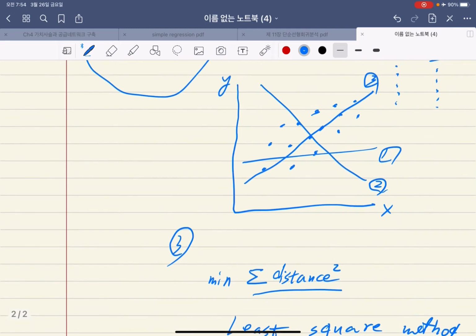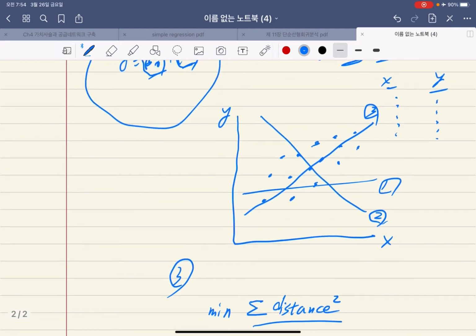So now suppose that this line is b0 plus b1x. Since this one is not the true regression equation, we are going to use the y hat notation.